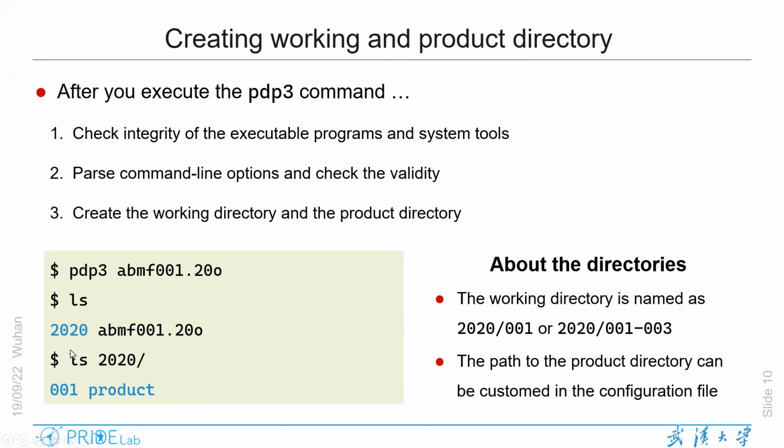So we will find a year folder named 2020 here. In this year folder is a day folder named 001 and a product folder. We call this day folder the working directory because all temporary files and the results will be put here. The product folder is used to store the products, and the path to the products can be customized by yourself in the configuration file.